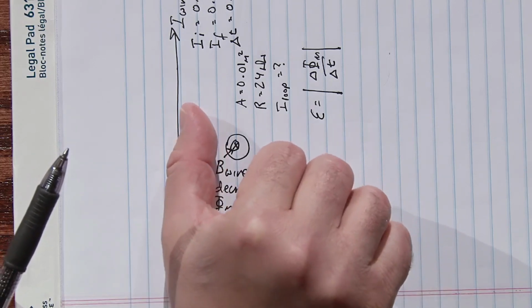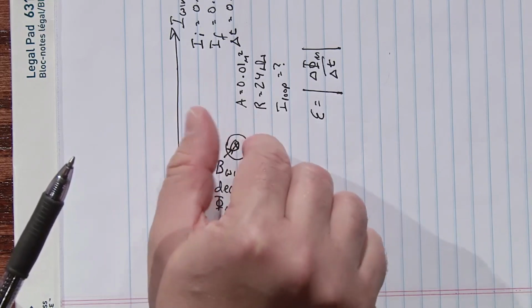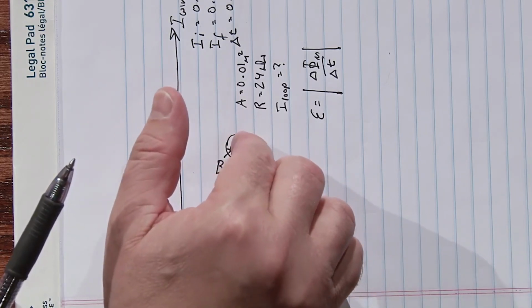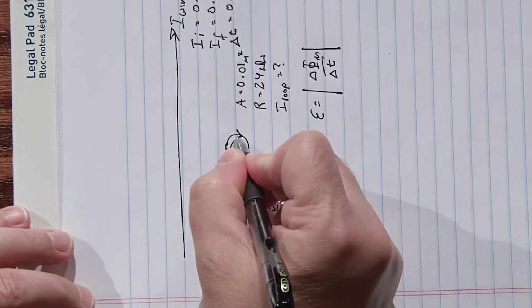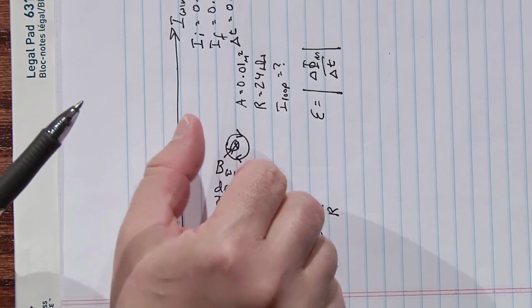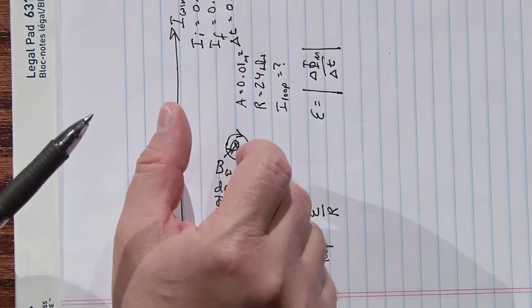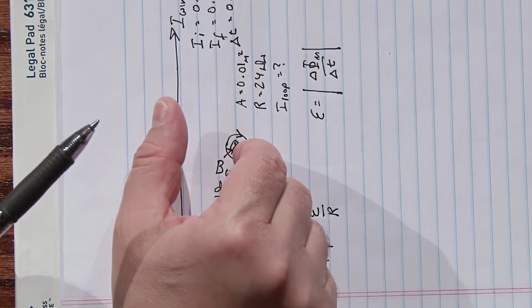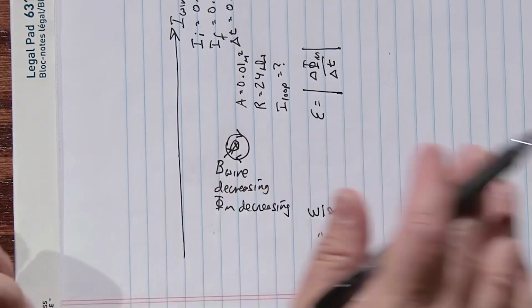So in order to have a magnetic field that's into the page in this loop, I have to have a current that is clockwise. So if you imagine I grab that loop, put my thumb in the direction of the current, my fingers will curl into the loop on the inside and support that B wire.